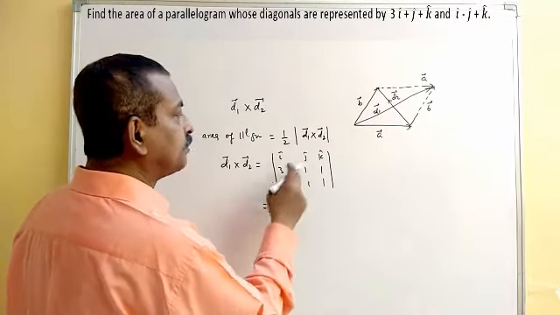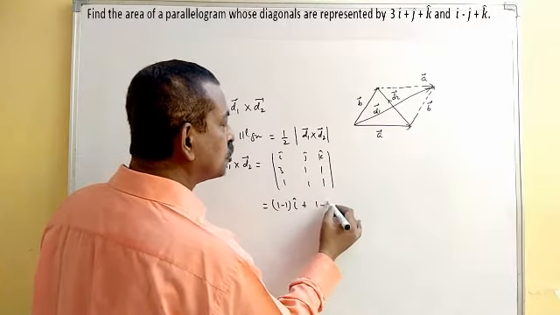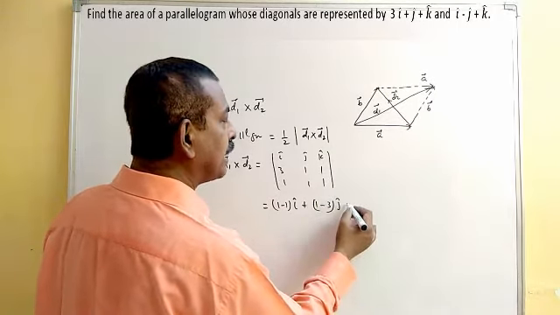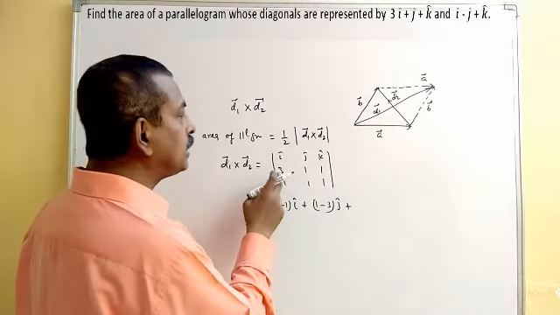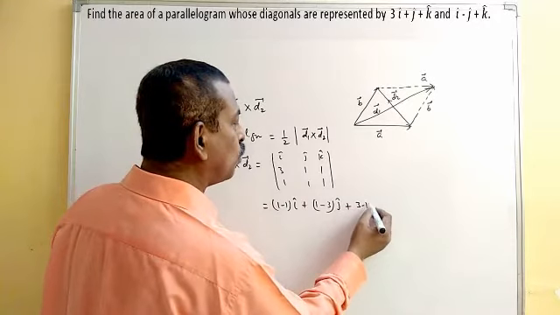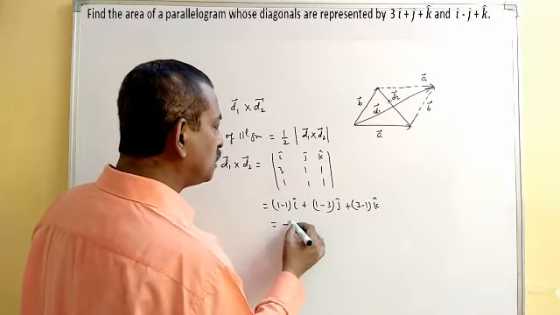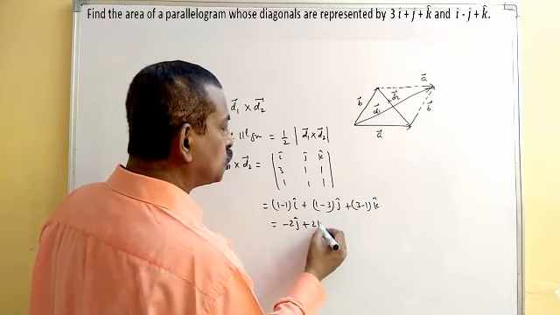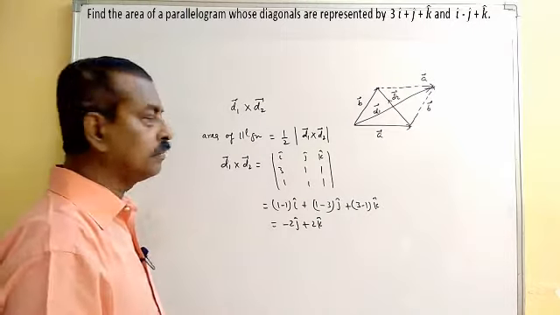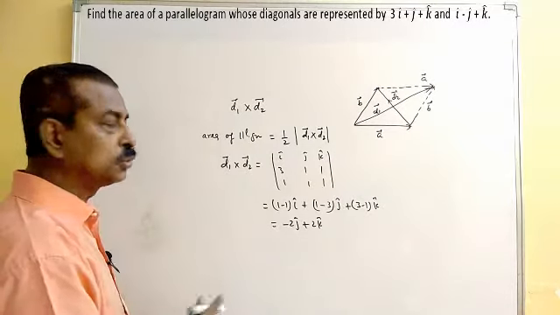Then for j, it will be 1 minus 1 into 3, j cap. For k, this row and this column will be eliminated. It is 3 minus 1, k cap. So this is minus 2j plus 2k. This is the cross product of d1 and d2.